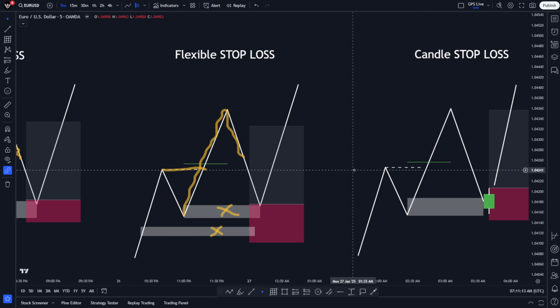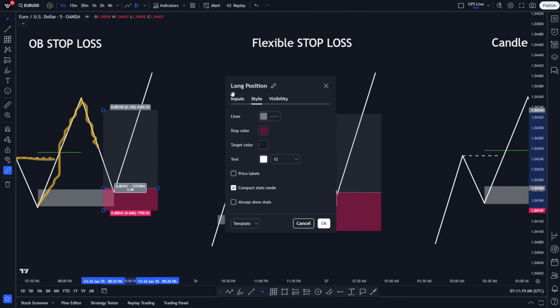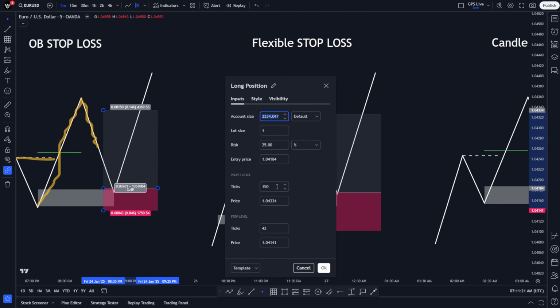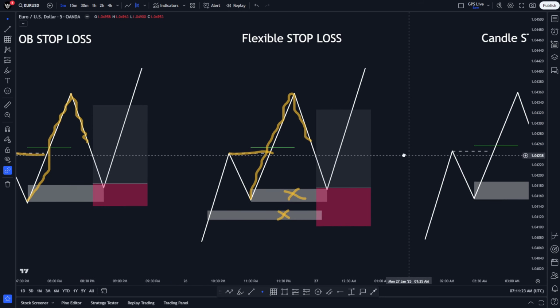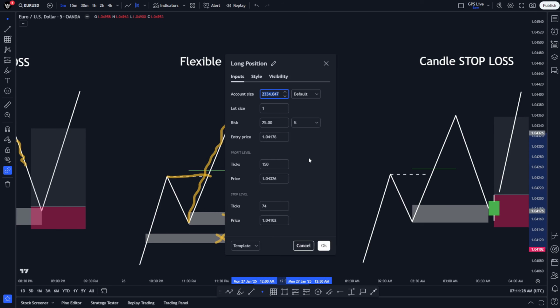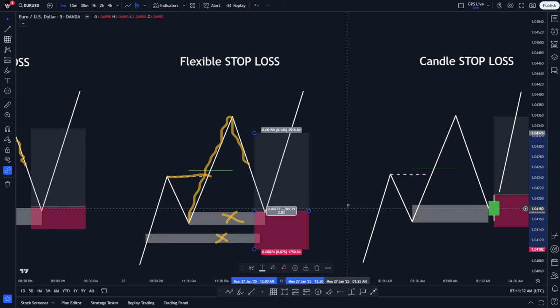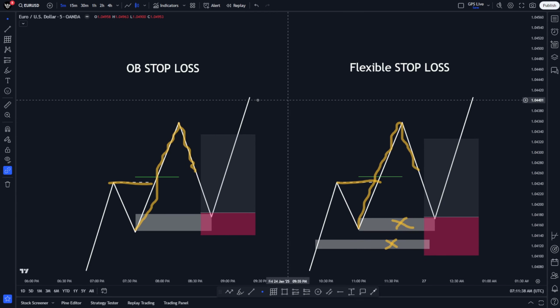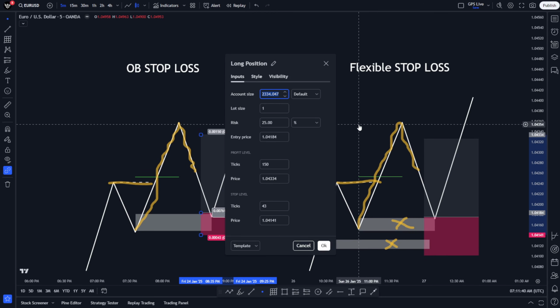The downside is obviously you get much less risk to reward. For example, if you look at this, the price has moved about 150 points, 15 pips. In the same scenario for the second stop loss, the price has moved the same distance, about 150 points. But if you look at the RR, we only got about 2 RR for flexible stop loss, while in the case of OB stop loss, we got about 4 RR.